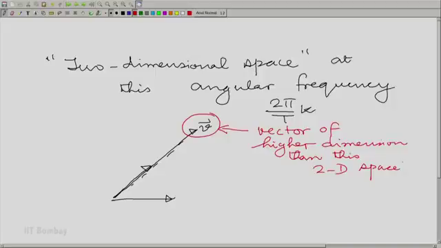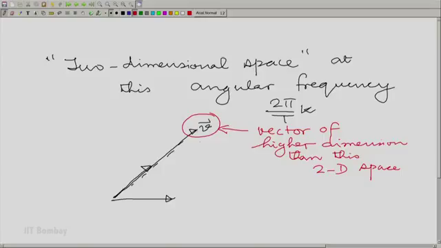What I am trying to say is that you have this periodic function and you are focusing your attention on one period, and that is a vector in a much higher dimensional space, out of which 2 dimensions are present at that particular angular frequency. And what I have shown as V here could be thought of as that higher dimensional vector.